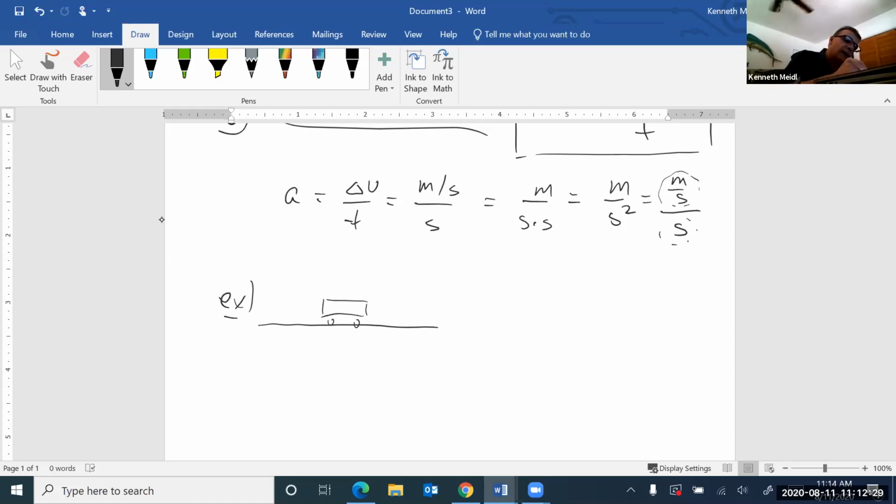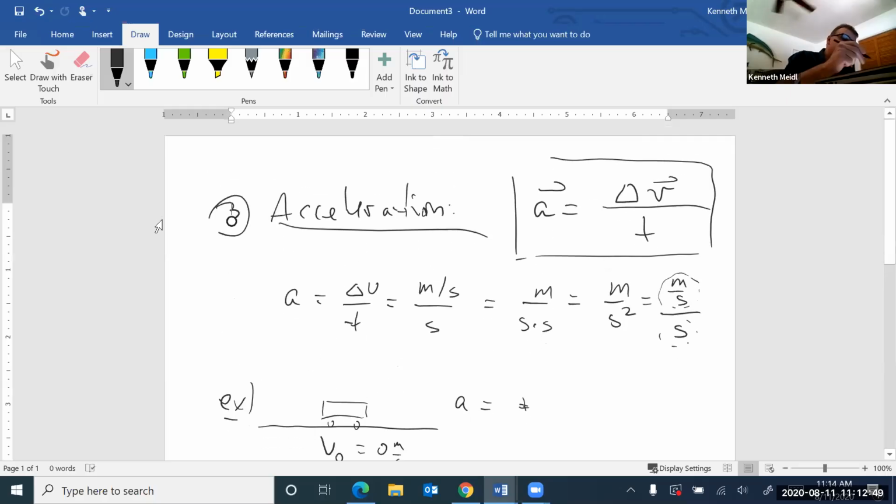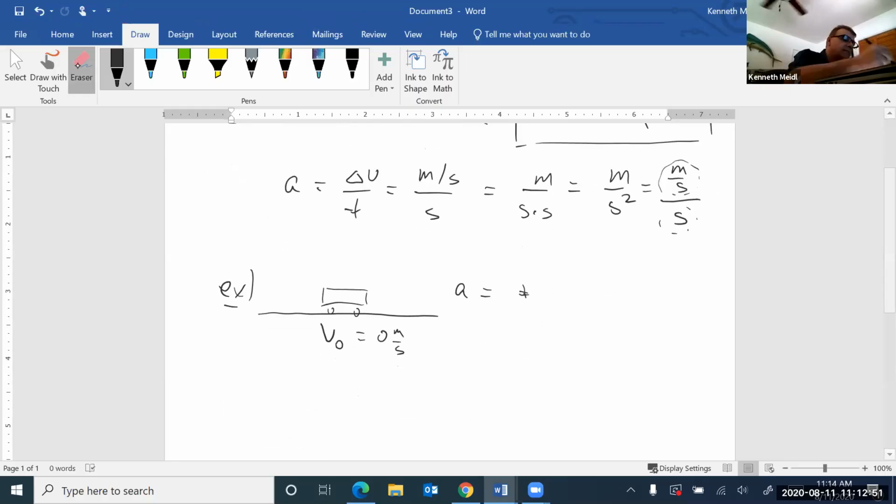My notation is going to look something like this. V0, that little 0 down at the bottom, means V sub 0. This car is not moving, but then it's going to accelerate, and let's say that it accelerates at 3 meters per second per second.